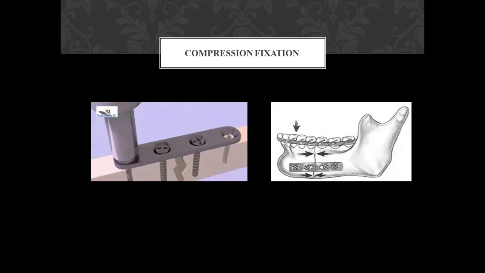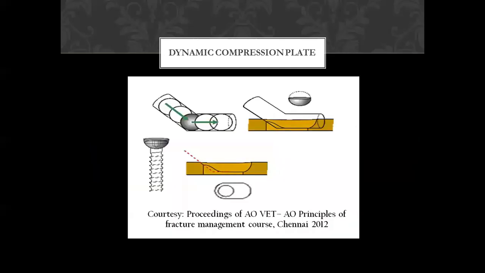There's compression fixation, where we have seen there are two types, which include dynamic compression plate and eccentric dynamic compression plate. Just remember, it is a type of rigid fixation and comes under compression fixation. The basic principle behind the dynamic compression plate is the spherical gliding principle.